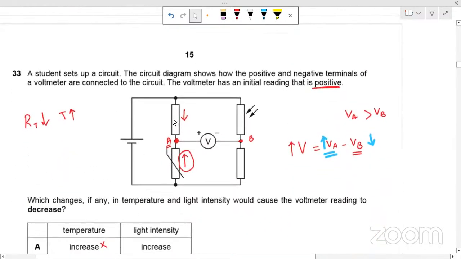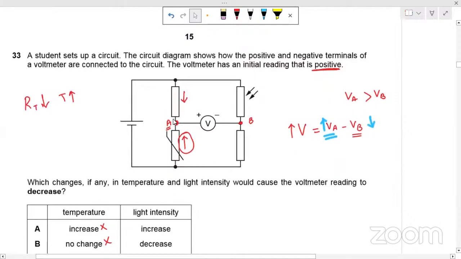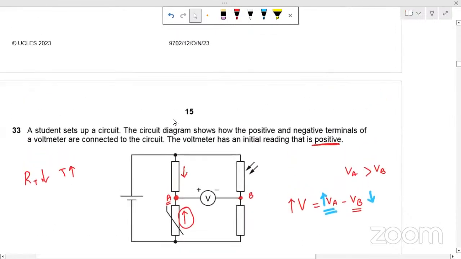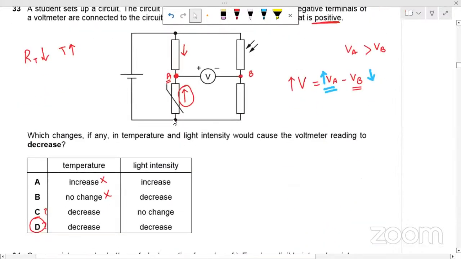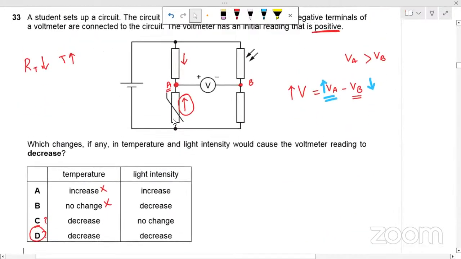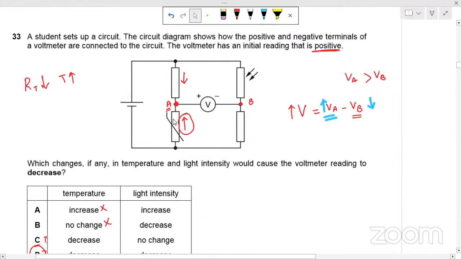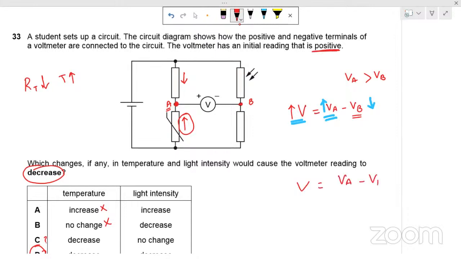Wait a second, let me again explain. What do we want? Oh, we want to decrease this voltage. I'm sorry, I figured out the option to decrease this voltage. What we wanted to do, we wanted to decrease this voltage, VA minus VB.